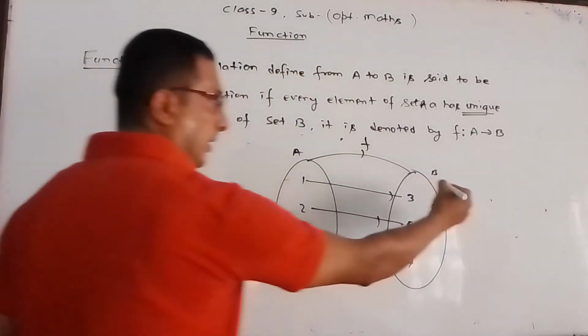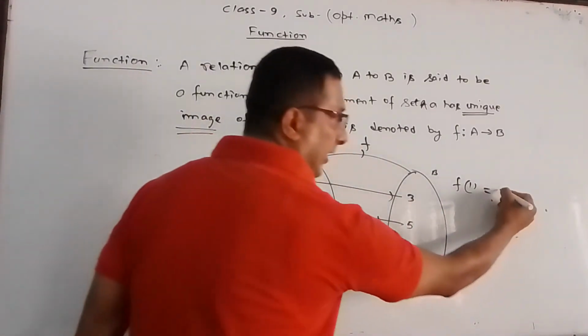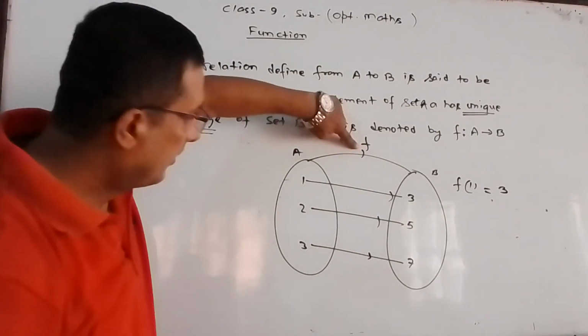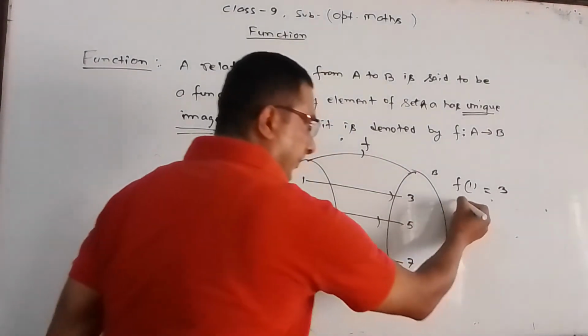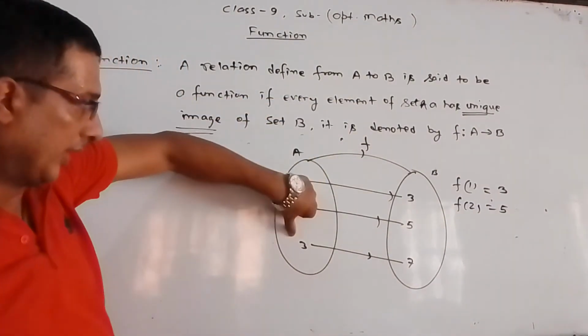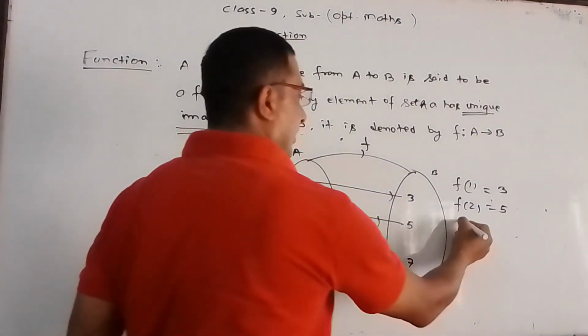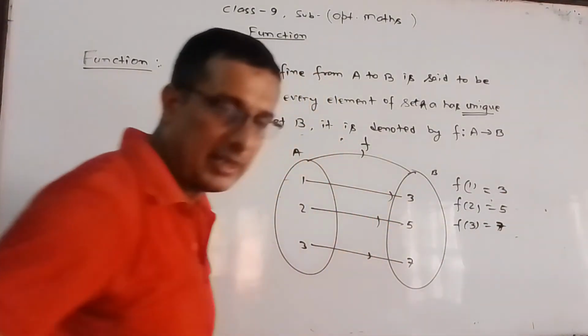So how to write it? F(1) is equal to 3. F(2) is equal to 5. F(3) is equal to 7. Is that clear?